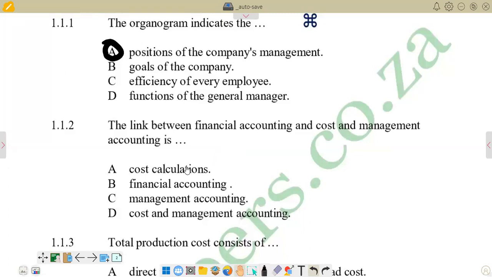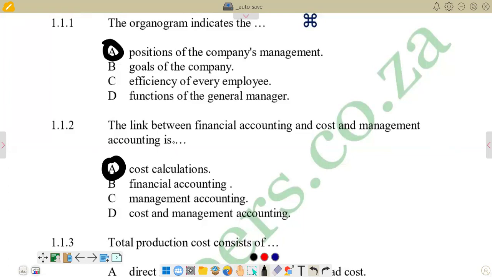If you go through the responses, you would see that B to D are only describing one side. B is financial accounting only, then we've got management accounting, and cost and management accounting. So you'll see that A is the only one which describes the link between financial accounting and cost and management accounting. So we've got A as the most appropriate.